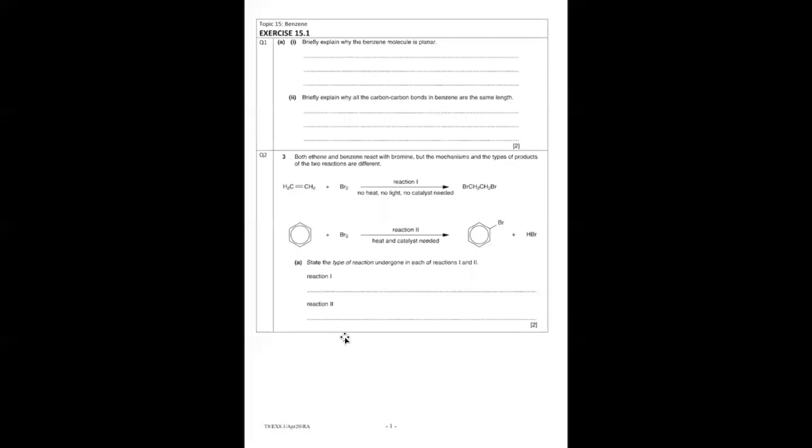Planar means it has something to do with the shape. So the shape usually involves the nature of the carbon, how many bonds there are around your carbon center, and so on. So the answer for this is, of course, you can talk about the carbons being hybridized.